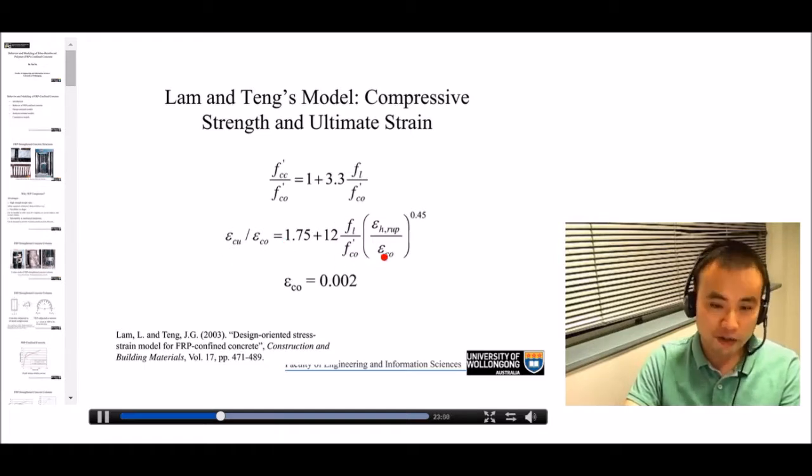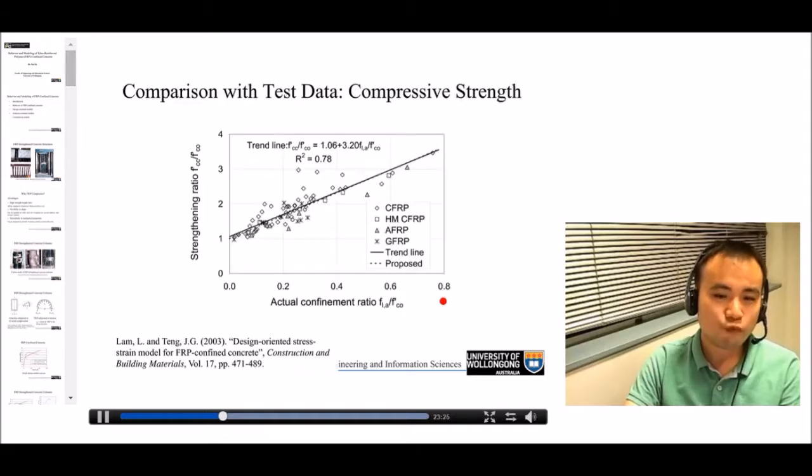And this equation is for the ultimate axial strain. So it's not a linear function. It's related not only to the confining pressure at the ultimate state, but also to the hoop rupture strain of FRP. If you want to know more details of how this model was developed, please refer to the Lam and Teng paper published in 2003.